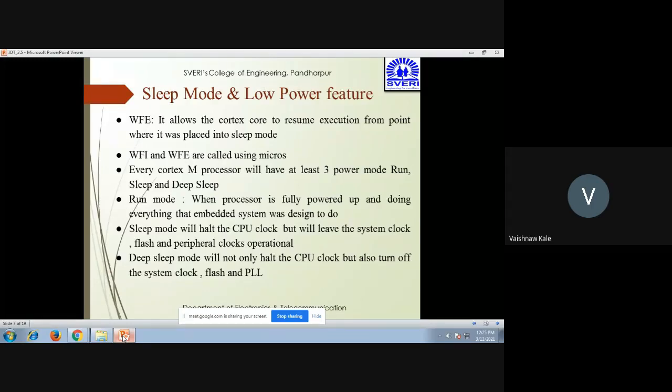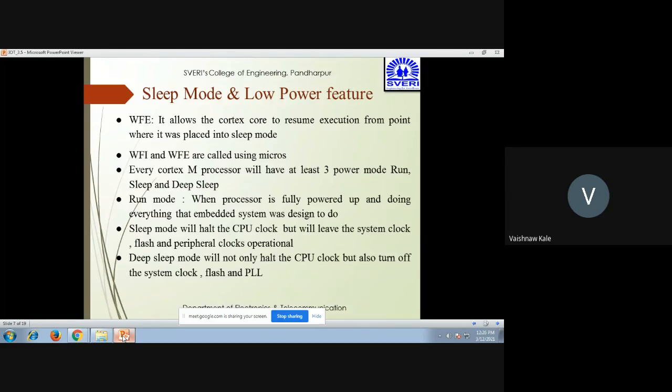And beyond this, it also has 3 power modes. The first one is the run mode, second is the sleep mode, and the third one is the deep sleep mode. In run mode, the processor is fully powered up and does everything that the embedded system was designed to do. In sleep mode, the CPU clock is halted, whereas the rest of the clocks, like the system clock, flash, and peripheral clocks, are operational.